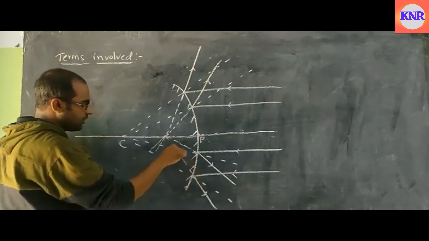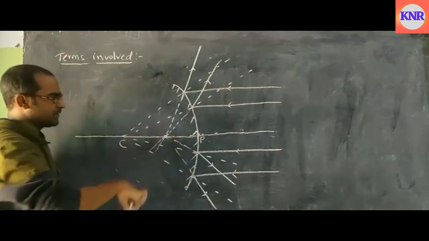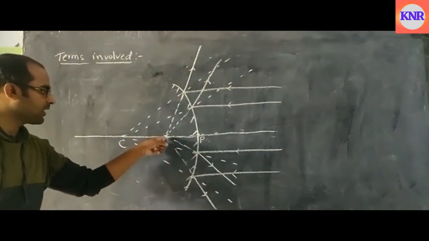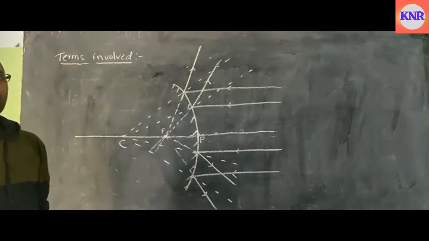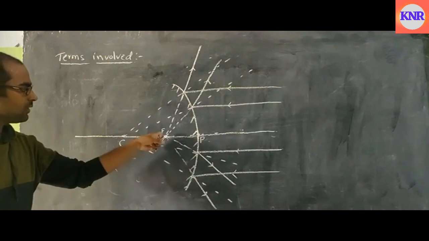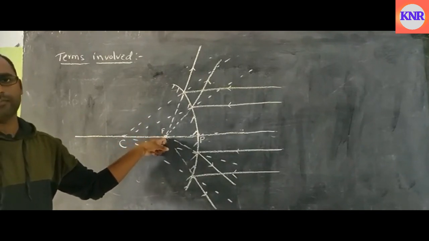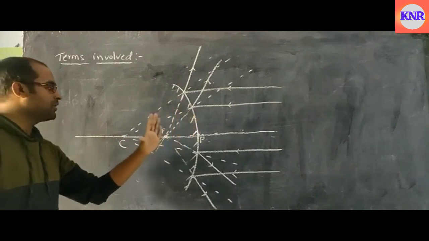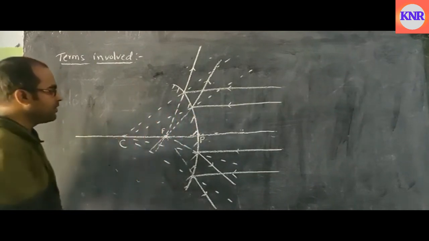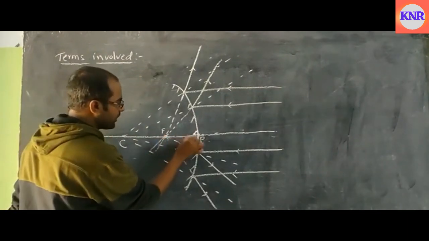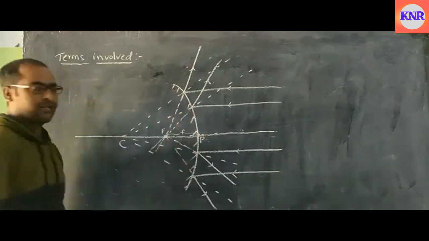If you extrapolate all the reflected rays, they meet at a point on the principal axis inside the mirror, and there the image is formed. That is nothing but the focal point of this convex mirror, right? So the image will be formed inside the mirror in case of a convex mirror, and the distance between this focal point and this pole is nothing but the focal length.